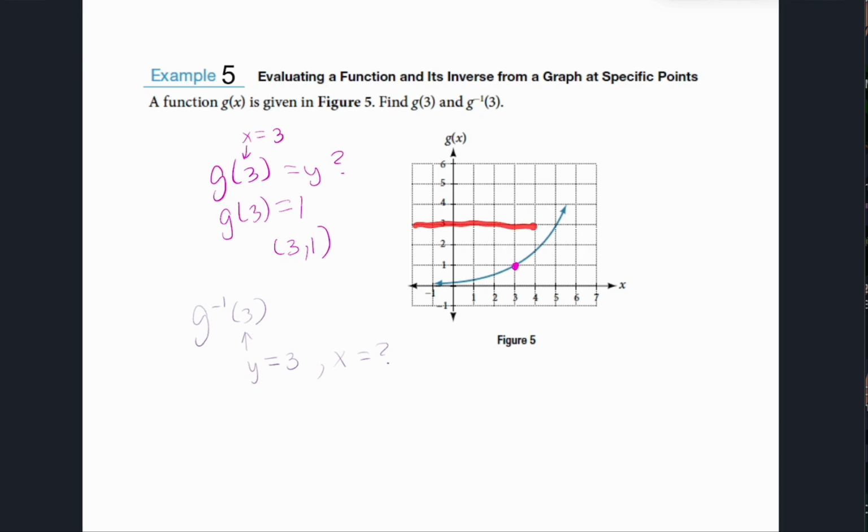And that's why we only need 1 to pick from. So our original function has the point 5, 3. So our inverse will have the point 3, 5. And so the answer would be 5. So you have to switch it around.